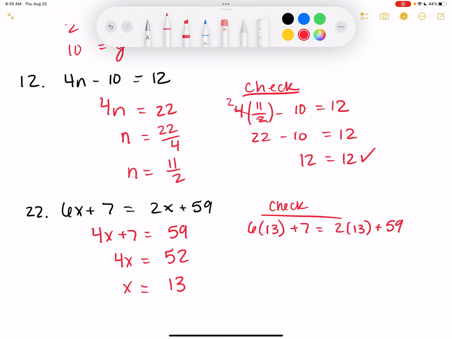So what is that on the left? 78 plus 7. And the right? 26 plus 59. So then we have 85, I think. And yep, 85. So that one's right.